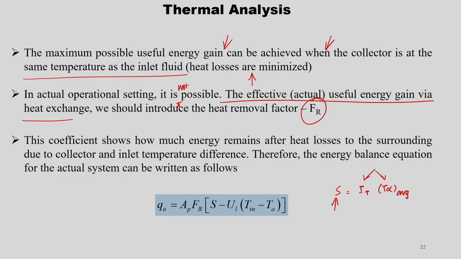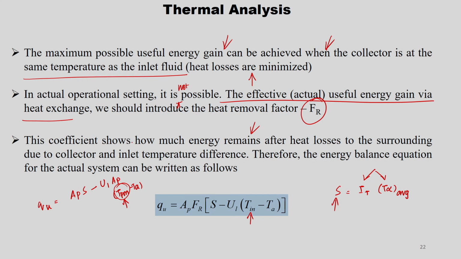This coefficient shows how much energy remains after heat losses to the surroundings due to collector and inlet temperature difference. The same formula you might have seen as Q_u = A_p [S - U_L (T_pm - T_a)], where T_pm is the plate mean temperature. We do not have the plate mean temperature, but we need to analyze the system in terms of inlet temperature.